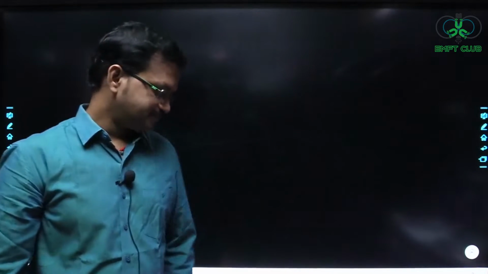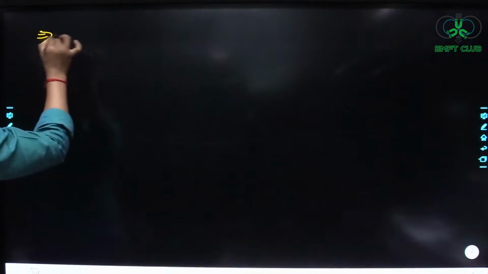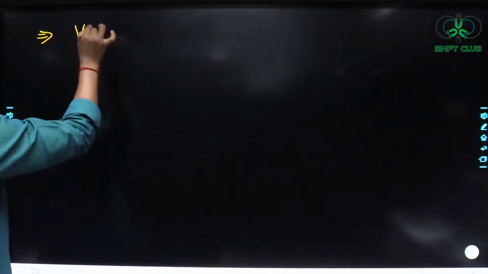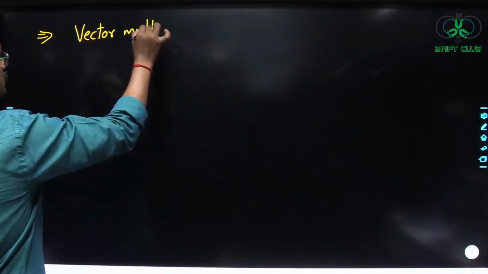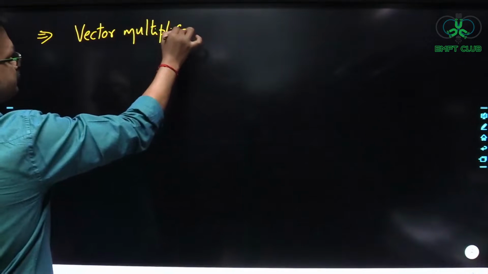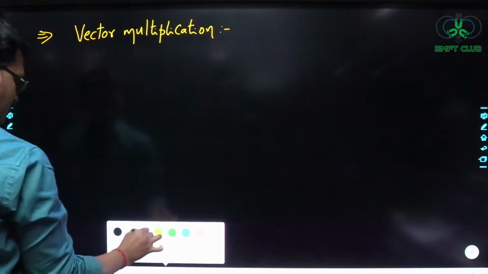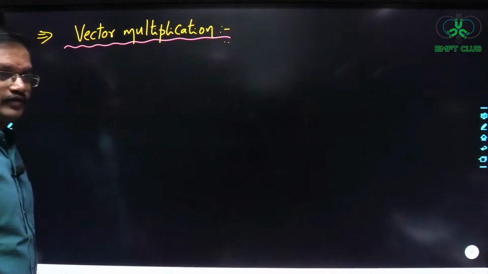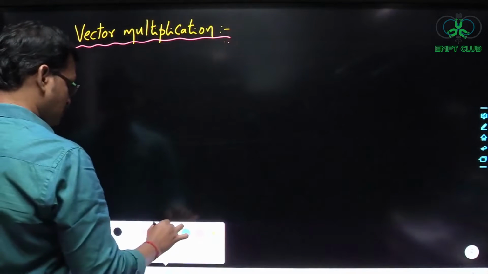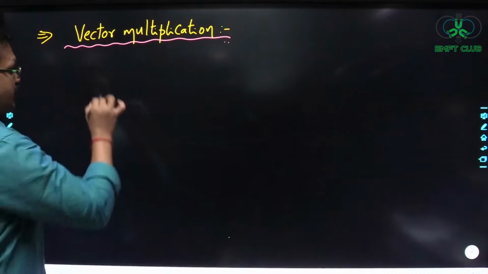So next we will go for vector multiplication. Here, how many types of multiplications are we having?